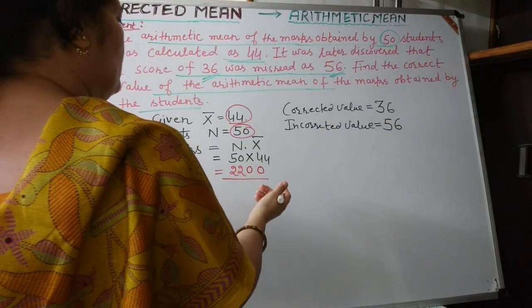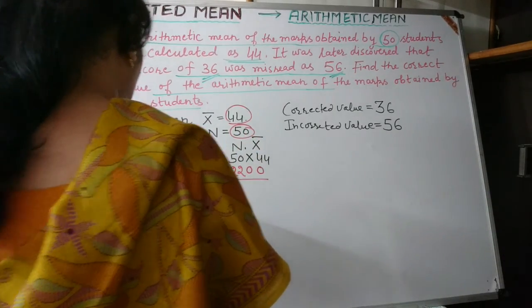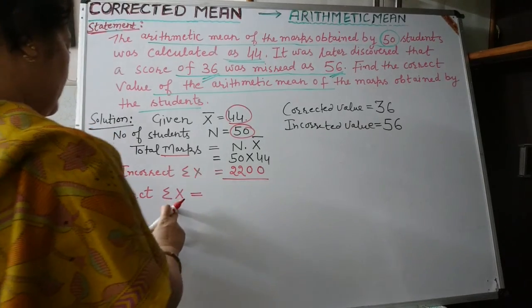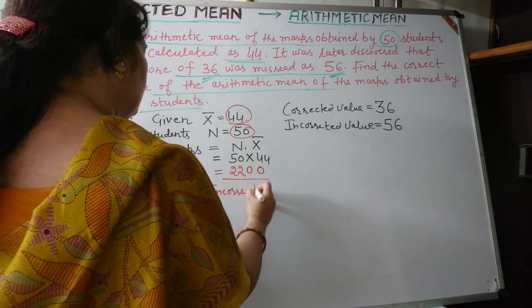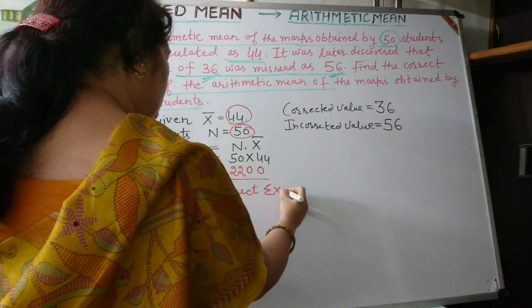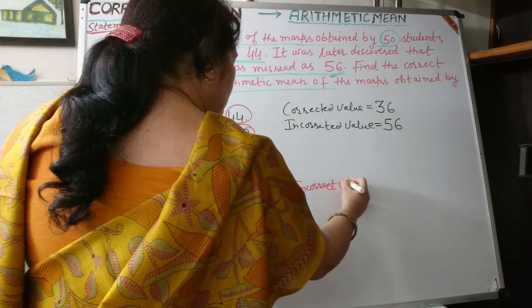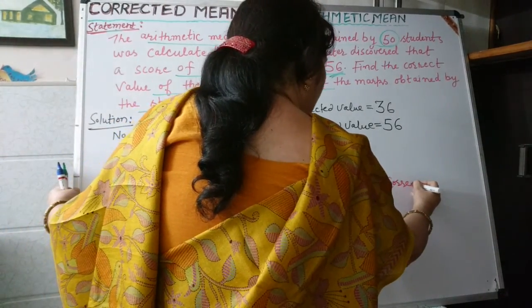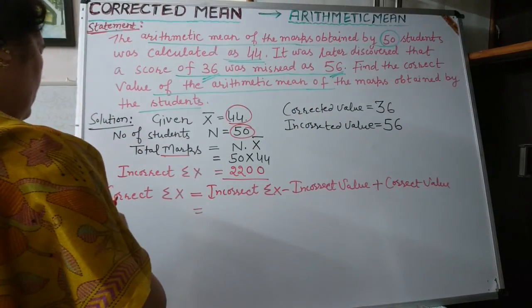So we have to find out the correct arithmetic mean. Let us put the formula. Correct sigma x is equal to incorrect summation x minus incorrect value plus correct value. So let us put the values.